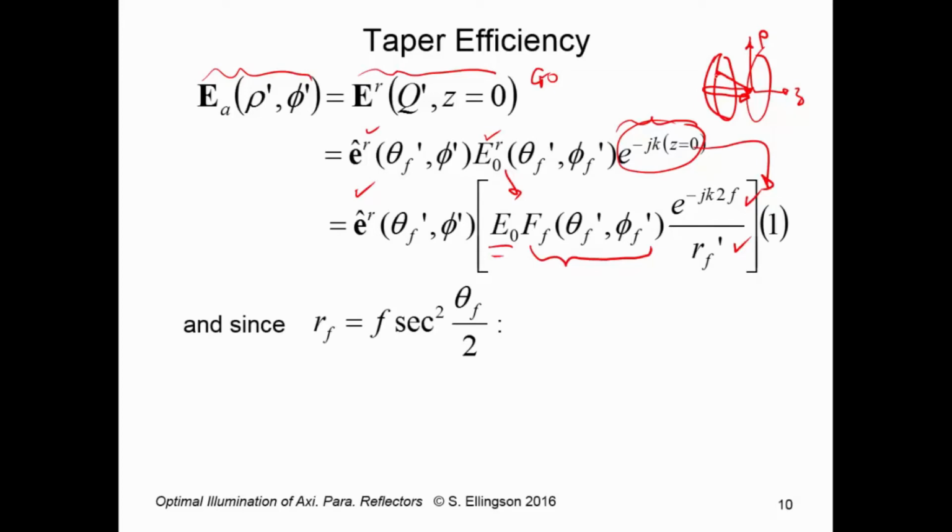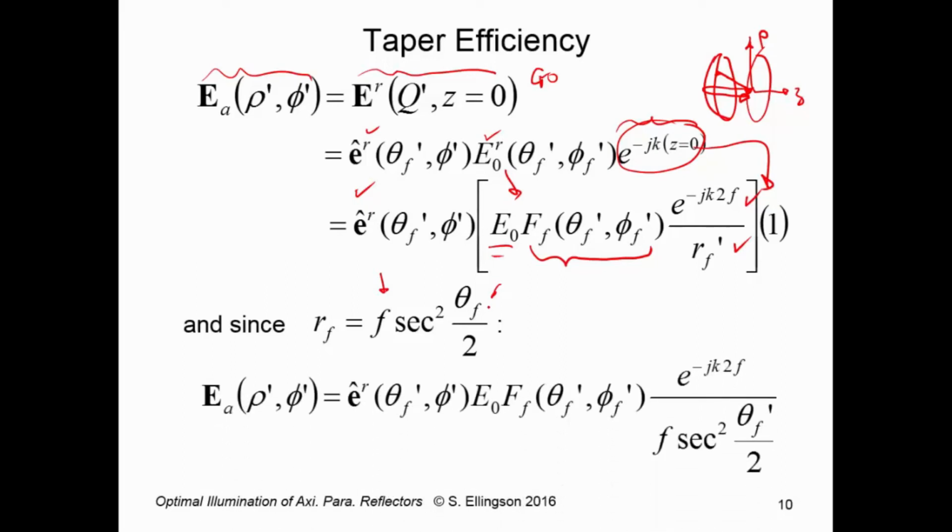Now, r sub f is focal distance times secant squared of theta sub f divided by 2. This we know from the geometry of paraboloidal reflectors. So we can write the expression as this unit vector times E naught times a normalized feed pattern times e to the minus jk 2f divided by this expression for r sub f.